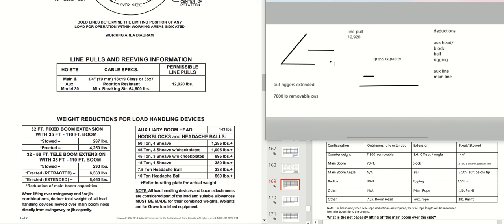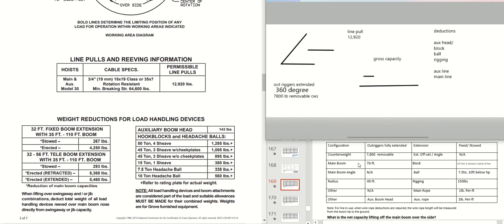Let's change this to 12. So that will be 360 degrees.